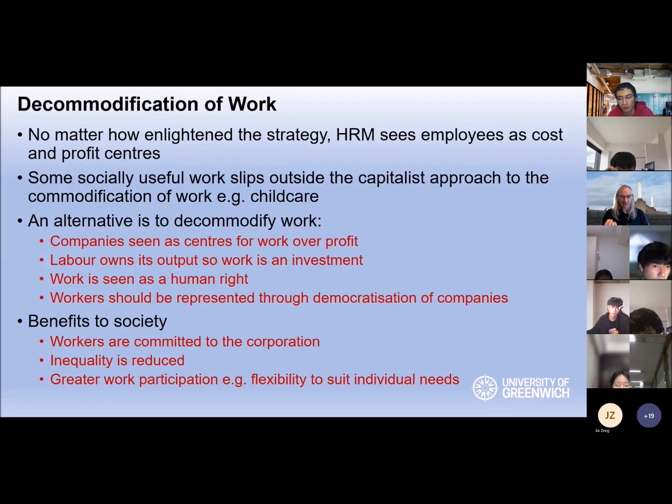Decommodification of work, however, sees a worker as a co-investor. So they're working with the company to maintain its competitive advantage, to enhance it, and to support the growth in profits. So if you take that point of view, then female workers, for example, will say, look, I'm wasting time going to and from work, chasing around, putting my children into nursery care.